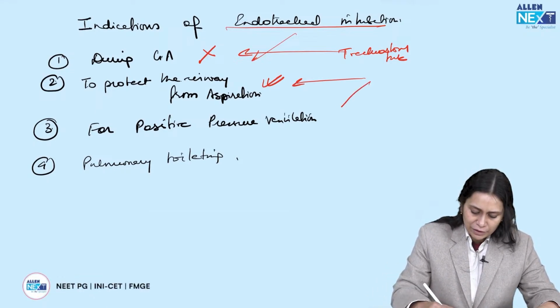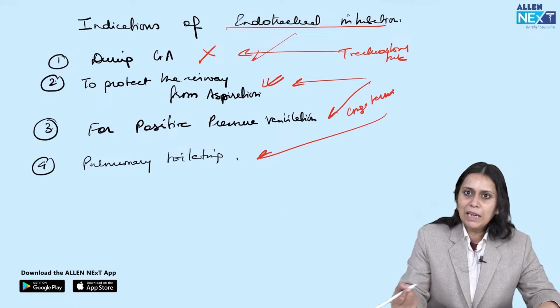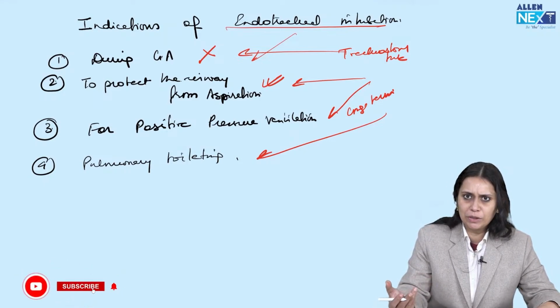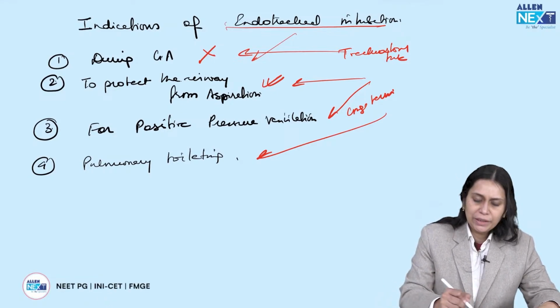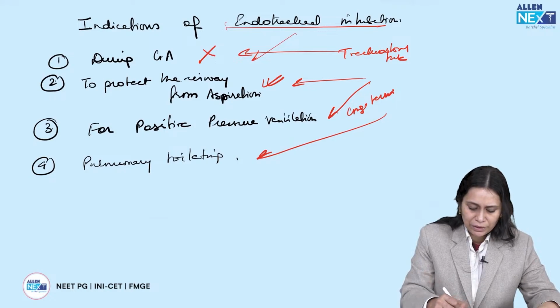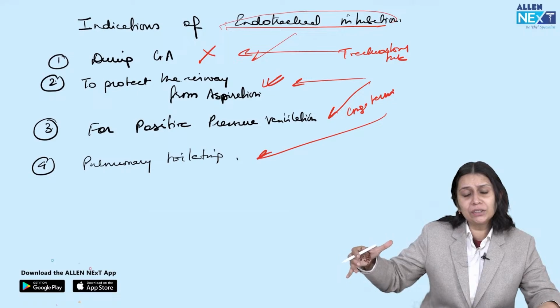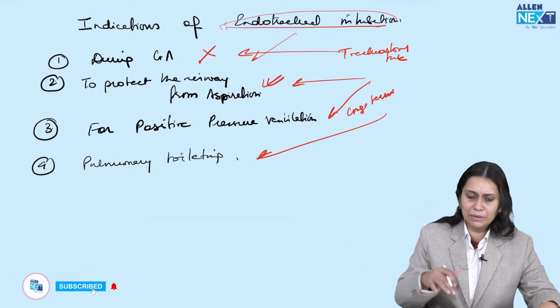For long-term positive pressure ventilation, yes. And for pulmonary toileting, yes, in a number of patients, for long-term pulmonary toileting, we need a tracheostomy to be done. So only for short-term ventilation, that is during anesthesia, we use the endotracheal tube. If the patient is in ICU and needs long-term ventilation, we change from endotracheal intubation to tracheostomy tube. Got it? So remember this.